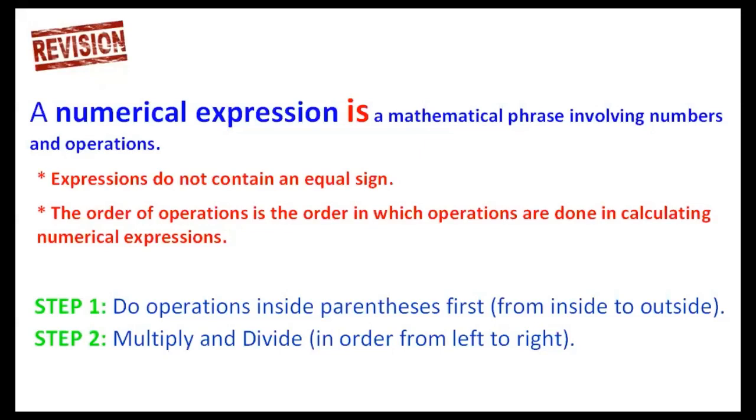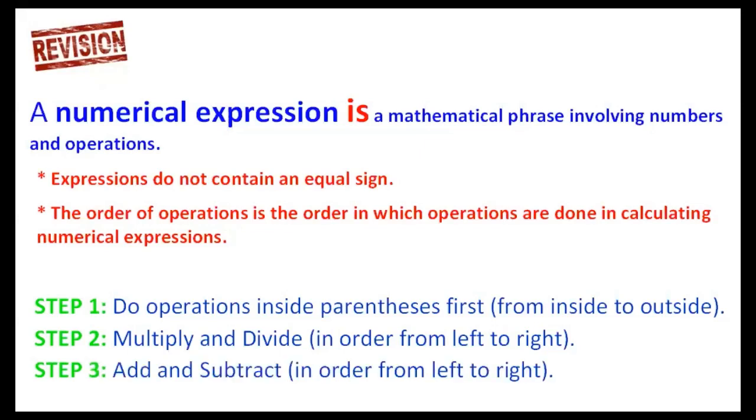The priority is for multiplication first before division. Now, step number 3, add and subtract in order from left to right. So adding and subtracting in the same sentence, the priority will be for adding first, then subtracting.